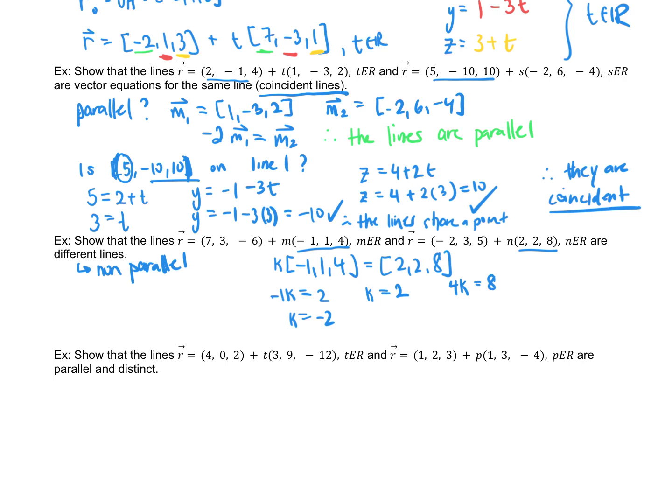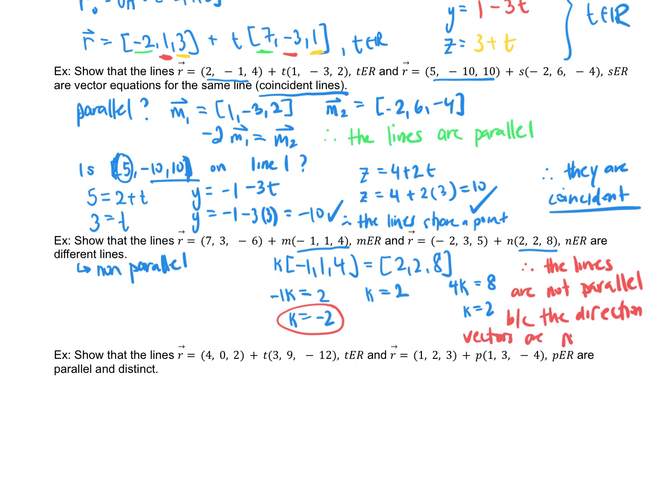For the second one, k is 2, and the third, k is 2. They're different. So these vectors are not collinear, meaning they're not parallel. And you do have to test this with the direction vector and not R naught.